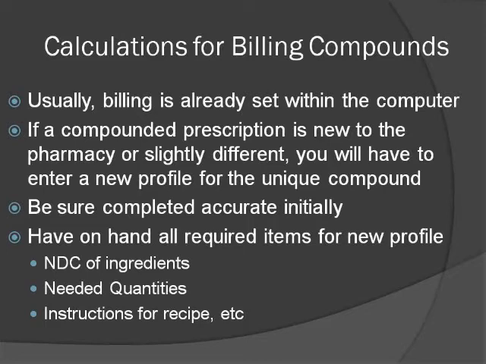So you're going to have to do some calculations before plugging this into the computer. Then you will also need instructions for the recipe or steps to complete the compound, because in most cases the computer asks for this so that when it comes up again on a future fill, it automatically prints off the directions, quantities, NDCs, so that those technicians can just simply follow what the computer generates.